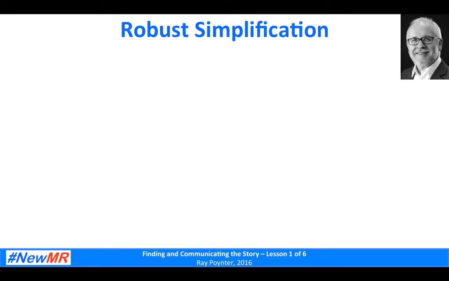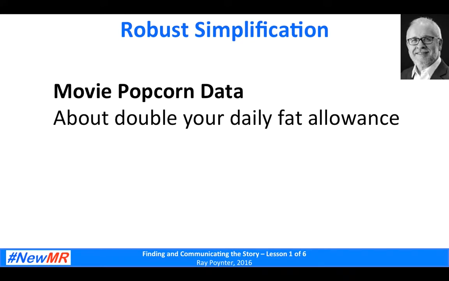During these 6 lectures, you're going to hear me talk quite a bit about what I call robust simplification. What happens when the message you create and you deliver becomes passed from person to person to person? It becomes simplified, and we need to ensure that it still works. Now, if we work with just the data, movie popcorn data, about double your daily fat allowance, it's a relatively simple message, but it's very bland.